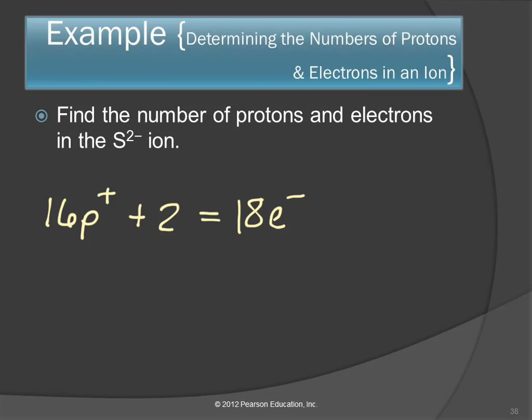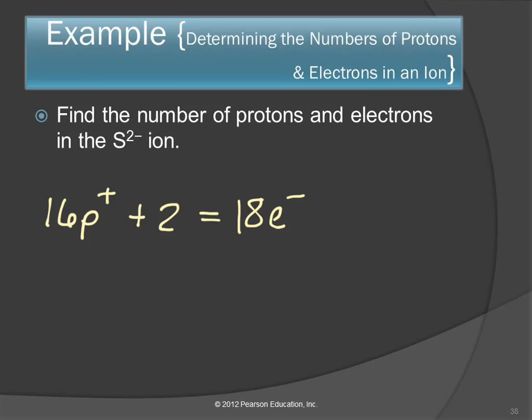And this is one of those things that you just need to be able to back up and think about rather than trying to memorize an equation. Just think about it. It's got this many protons. Overall, the charge is negative. That means it has extra electrons. How many extra? What's the charge? It's 2. It has 2 extra electrons.